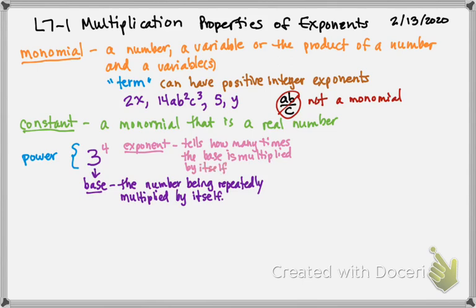Okay, now hopefully you heard the words exponent, and in it you heard the word multiplied, and in the base you heard the word multiplied. So bottom line is, this is a multiplication problem.